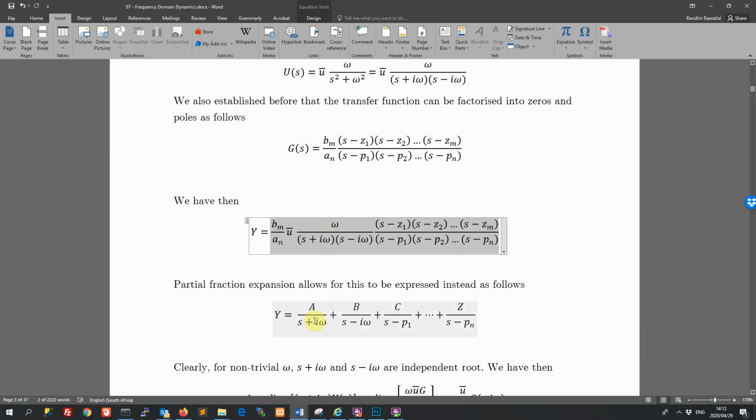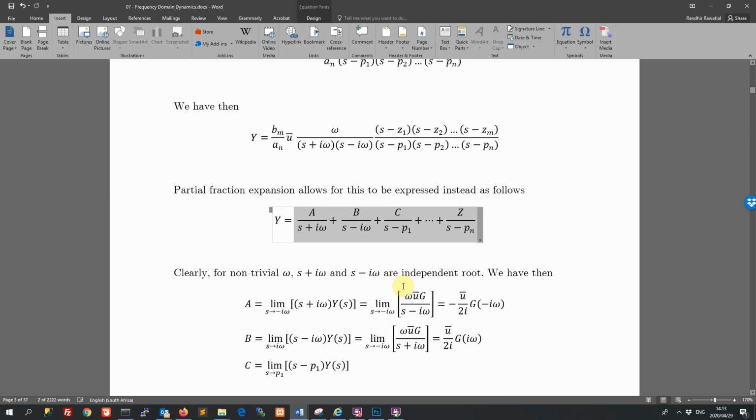In other words, we can claim that there should exist a form like this, where if we take each factor in the denominator, then we can separate that as a new term, and we have these unknown coefficients a, b, c. So a and b take care of this sine wave function here, and then c up to some constant, so a series of values here for each of the pole contributions. So these are all different terms here.